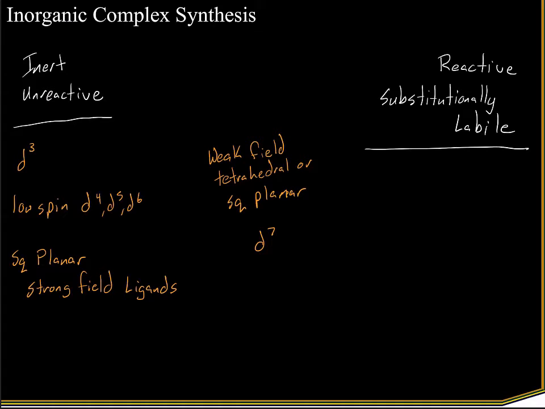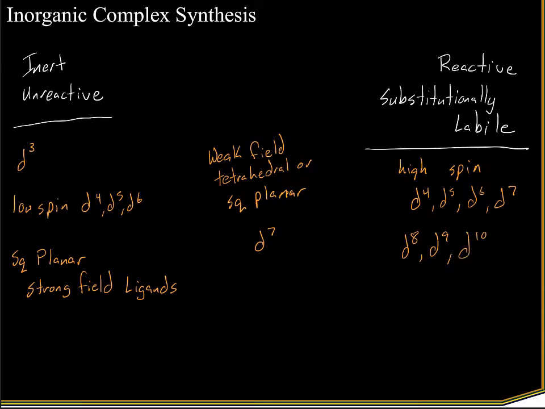So that means that our very labile transition metal complexes, ones that undergo reaction very quickly, again, are high spin cases of d4, d5, d6, d7. After d7, we only have the high spin configuration that's possible for d8, d9, and d10 complexes.